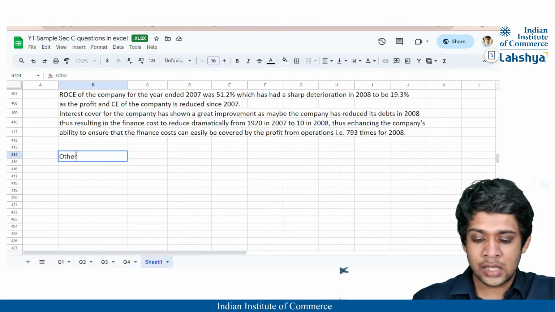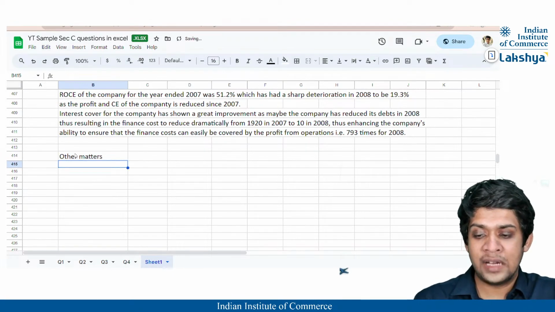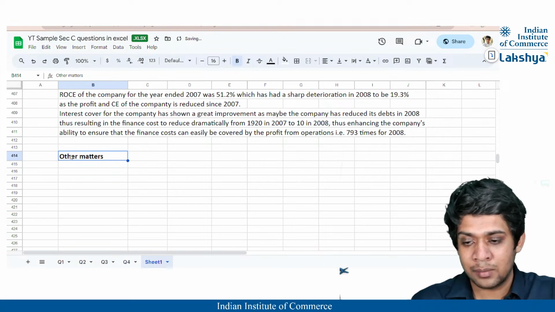Then you can also state other matters. Like if you know of any other matters, you can give a header, other matters.